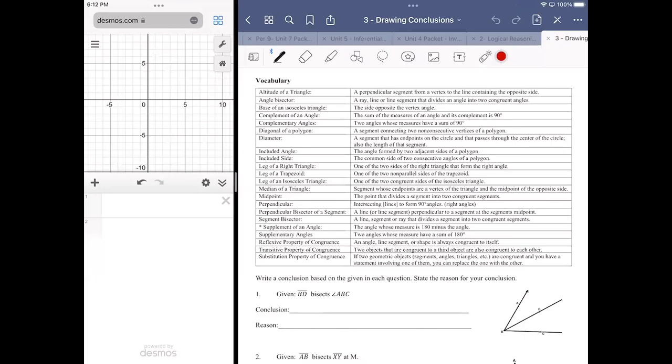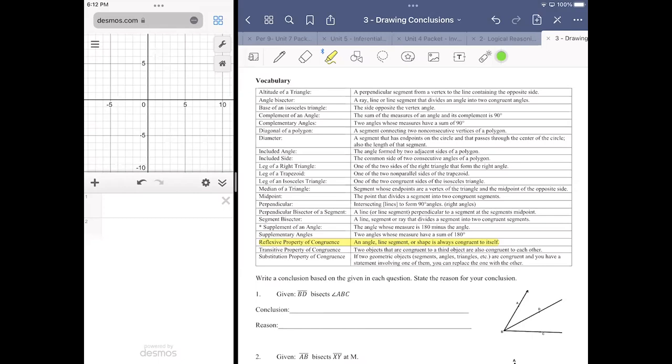Like, for example, the reflexive property of congruence. We're going to use that fairly frequently. And it seems like it would be a weird thing to use as a rule. Like, of course, something is congruent to itself, but you'll see the instances in which we would use that piece of information. Right? So that's an instance where maybe something would not be as familiar.